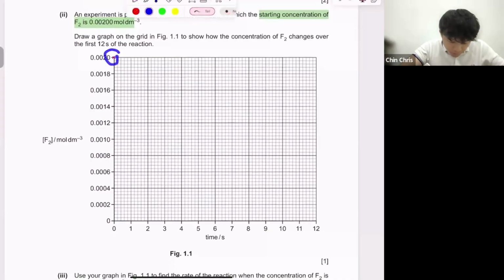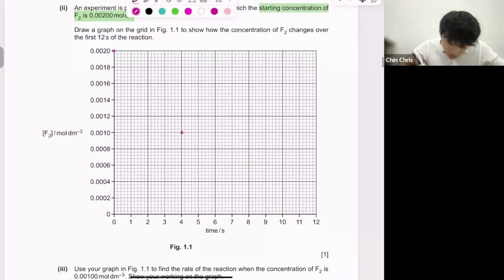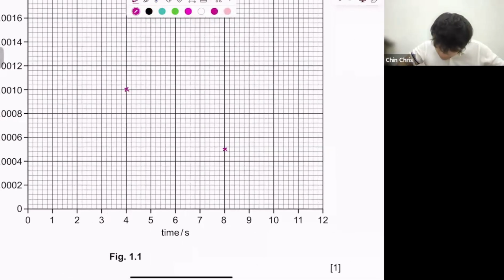So 0.02, after that drops to 0.01, right? At 4 seconds, correct? So at 8 seconds it is going to be 0.005, right? At 12 seconds, 0.0025. Where's that? It is slightly above, like here, maybe.